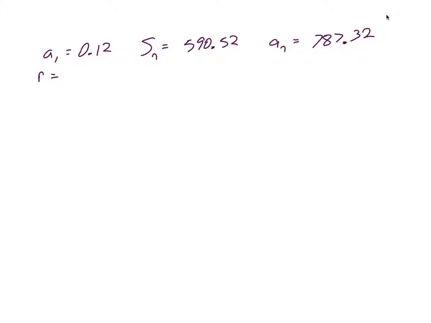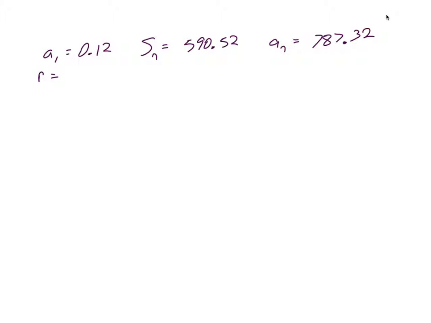Alright, so this one gives me a sub 1, gives me my sum, it gives me a sub n, and it wants me to find r. So which formula do I want, the one with or without a sub n? The one with, because they gave me a sub n.